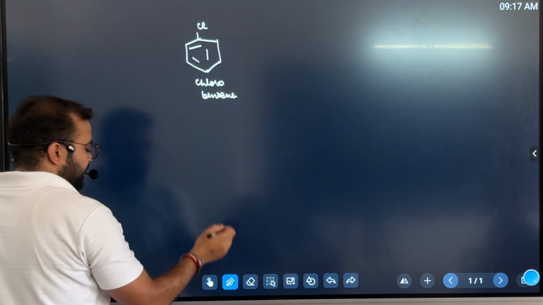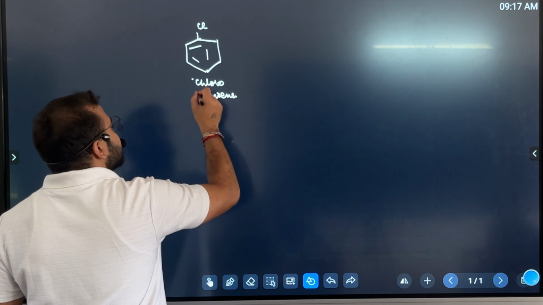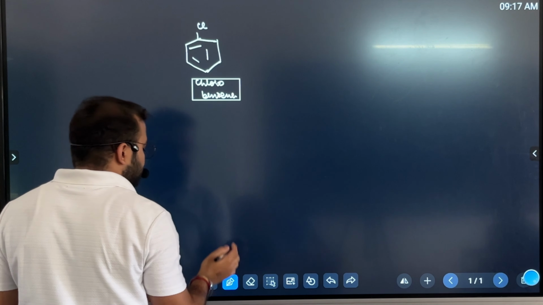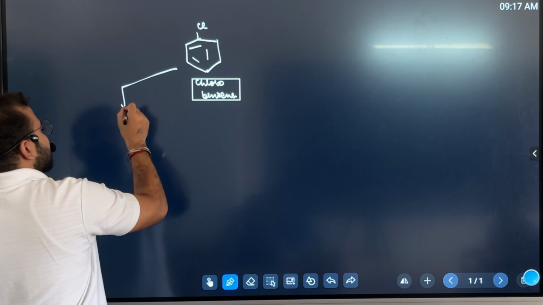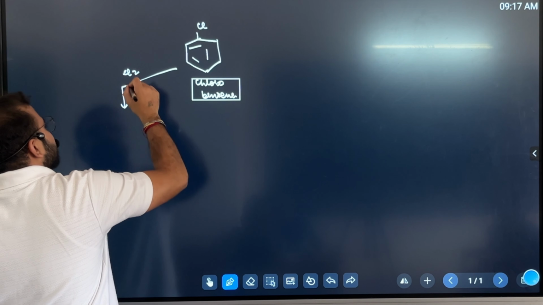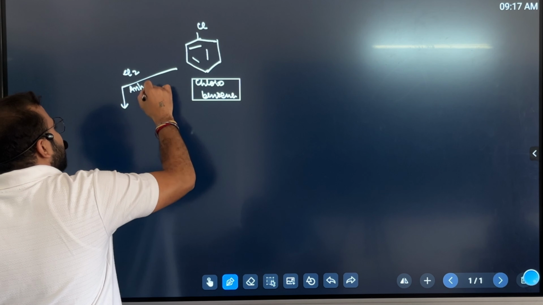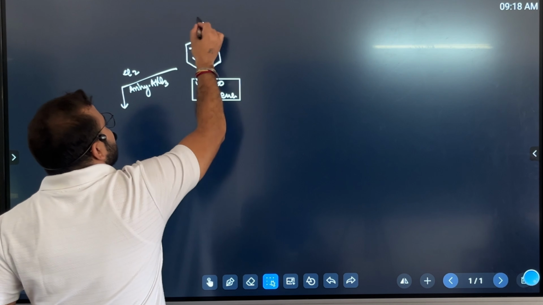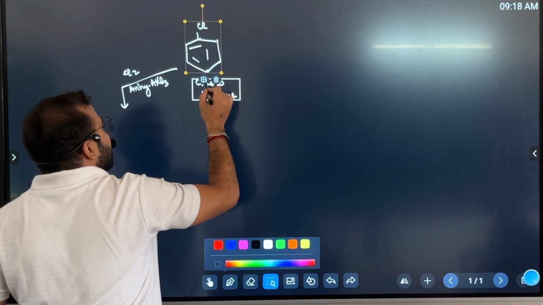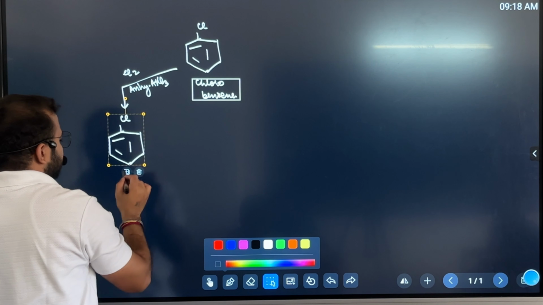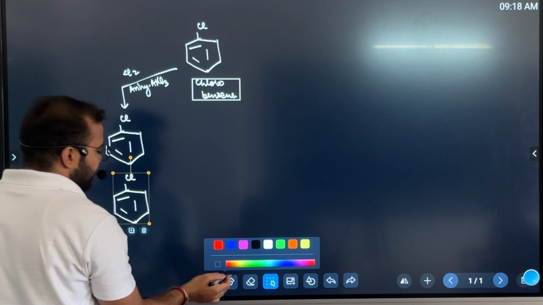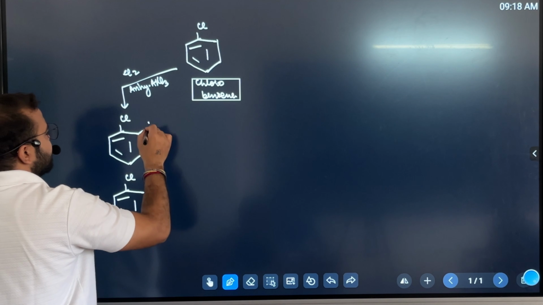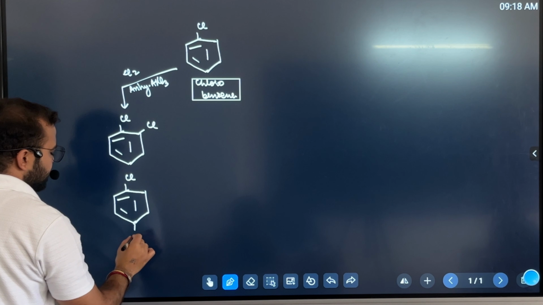What will happen if you pass chlorobenzene through various chemicals? For example, first we are taking again an easy one, which is anhydrous AlCl3. So directly you can proceed that chlorobenzene will give two products, one at the ortho position of chlorine, second at the para position of the chlorine.